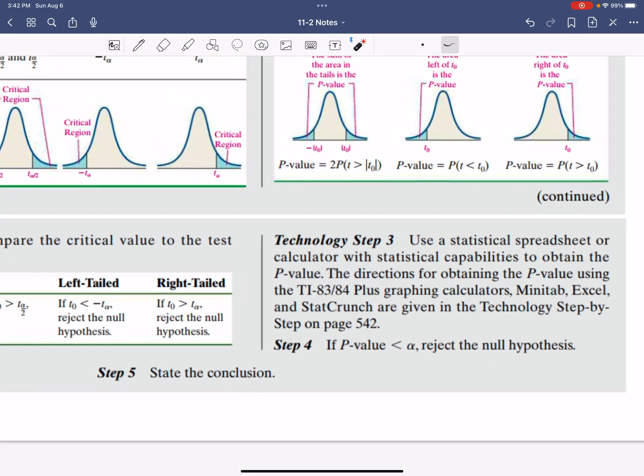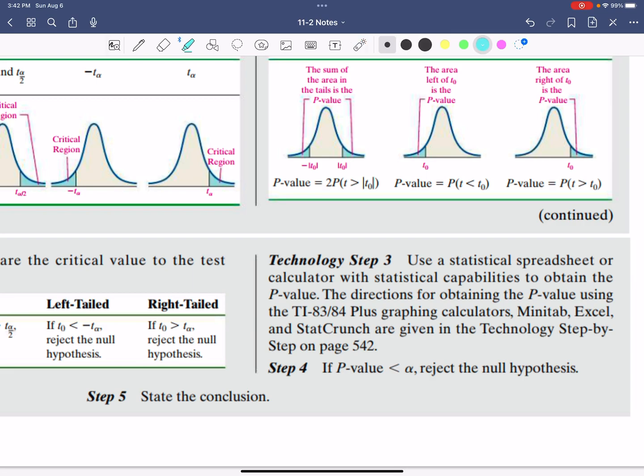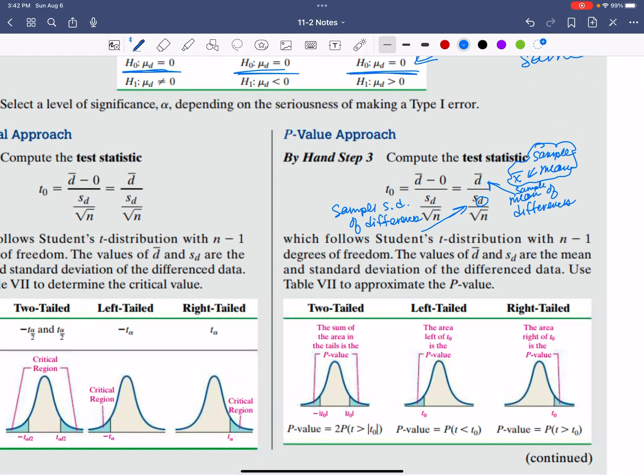When we do the p-value approach, what's our key? If the p-value is less than alpha, we reject the null. Guess what, ladies and gentlemen? This is the same deal. We're going to use StatCrunch to do our calculations for us, so we're not going to do the big test statistic calculations.